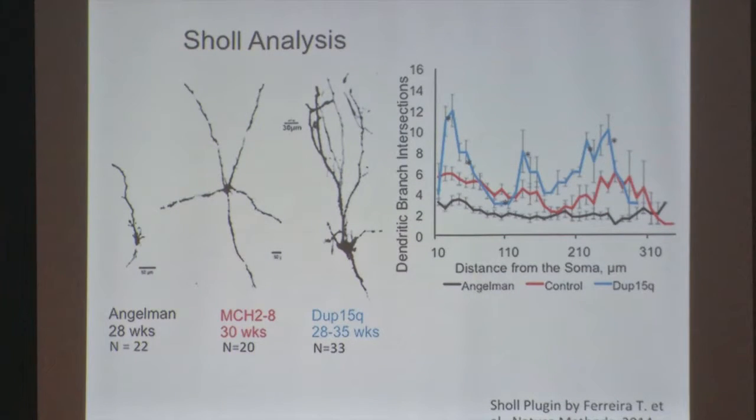The neurotypical cells have a reasonable level of branching at 30 weeks, and the Dup15q cells tend to be quite a bit more highly branched. The plot that you see over here just compares the distance dependence from the soma in terms of the degree of branching.